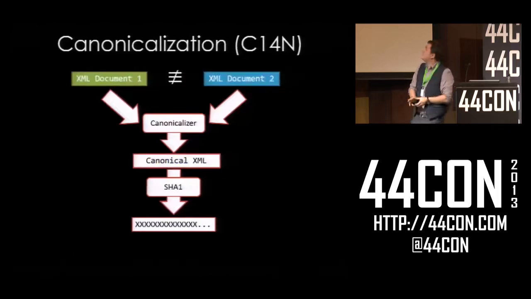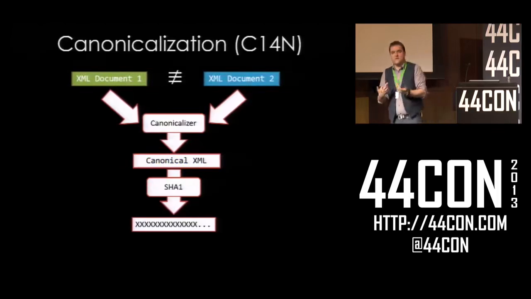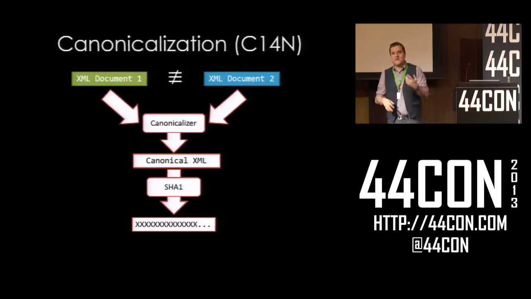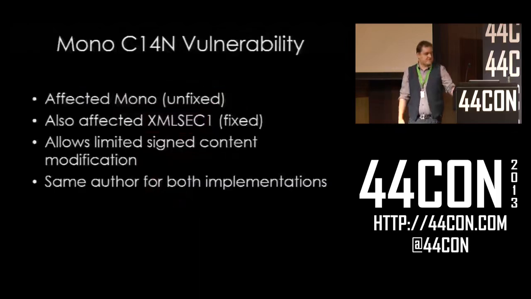Now, of course, there would be an obvious bug in there if, for example, you could take two documents which were not equivalent, put them through that algorithm, and output the same output. Because then you could potentially take an existing signed document, modify it in some way, and use that to be verified against the same signature.